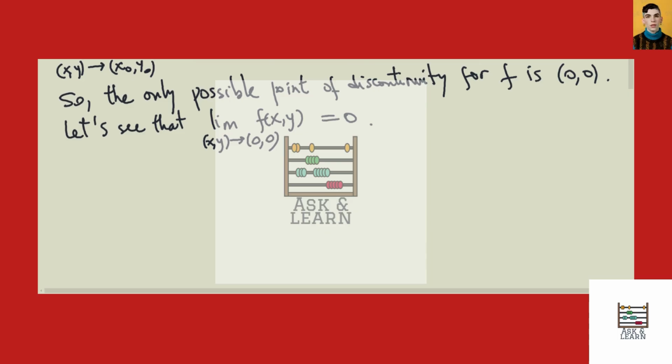And to see that, we use polar coordinates. We know that any point in the plane can be written in polar coordinates. In fact, the point is different from (0, 0) because we are approaching (0, 0); it doesn't matter, we don't even want (x, y) to be equal to (0, 0).